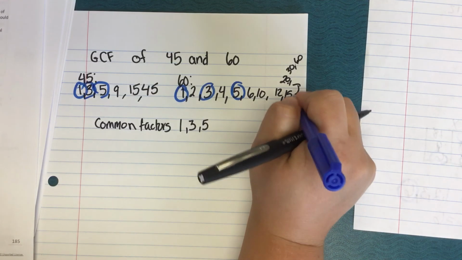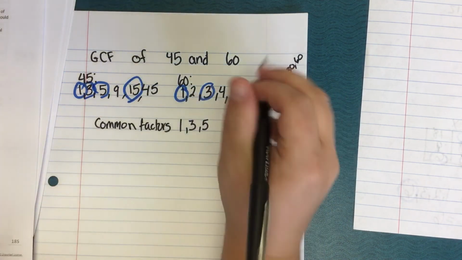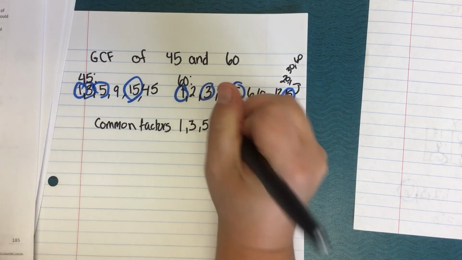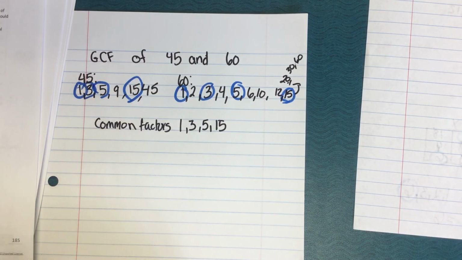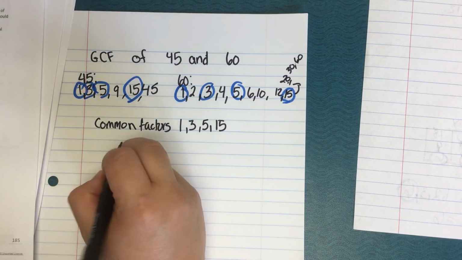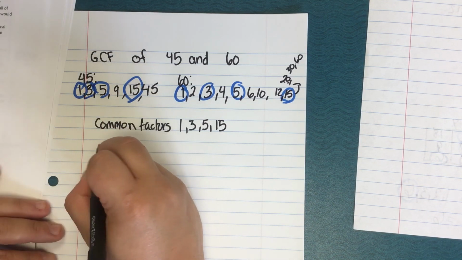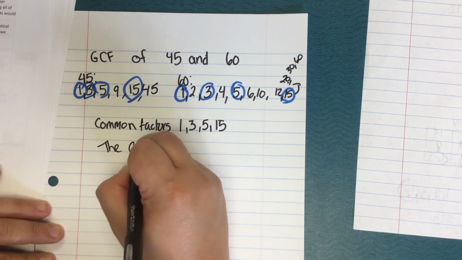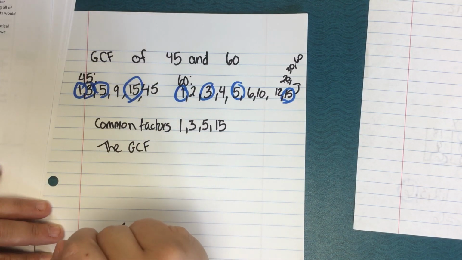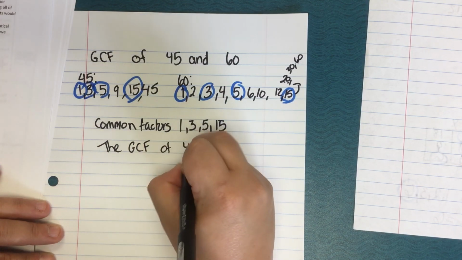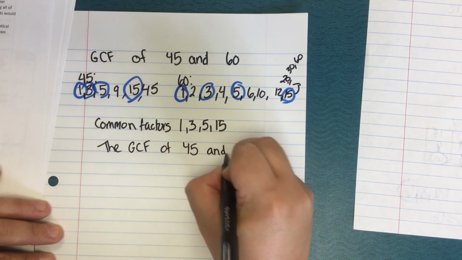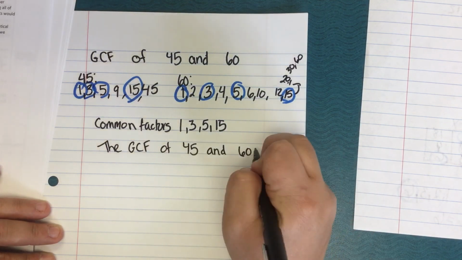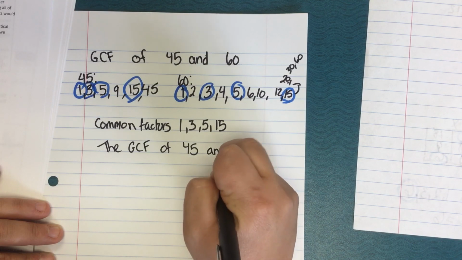And they both have 15 as a factor. What is the greatest common factor of 45 and 60? The GCF, or greatest common factor, of 45 and 60 equals 15.